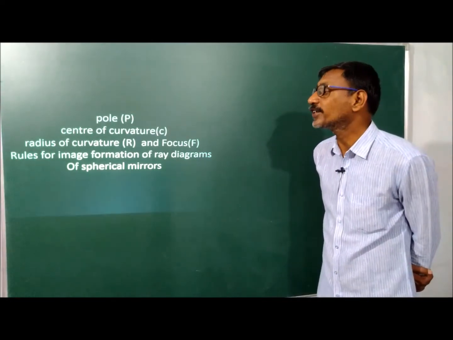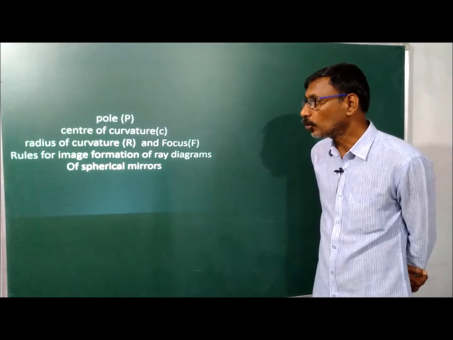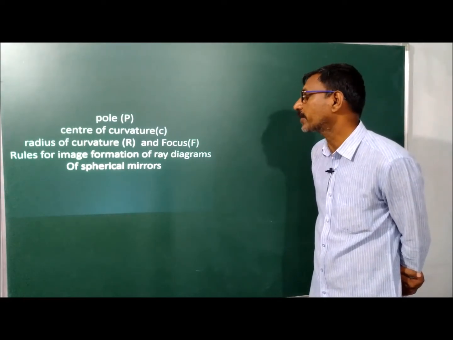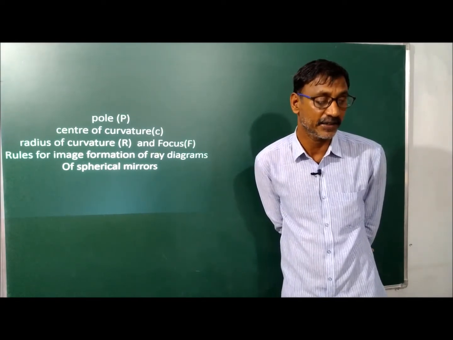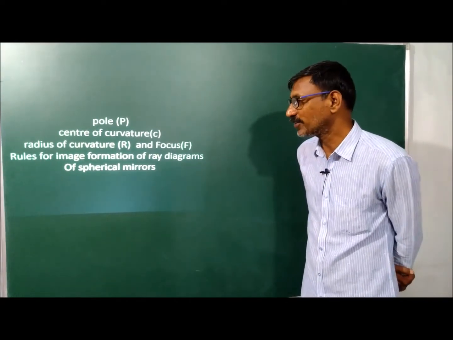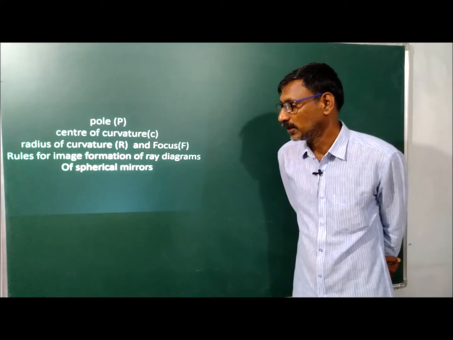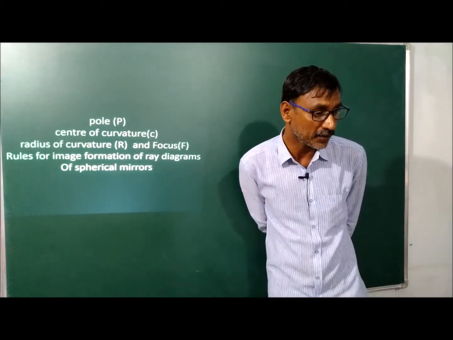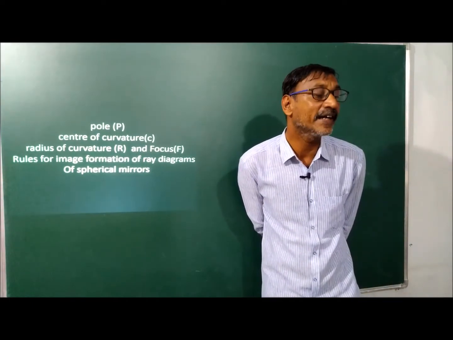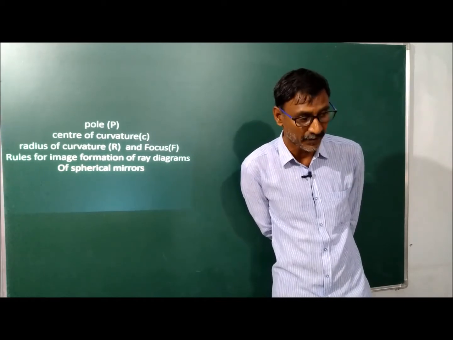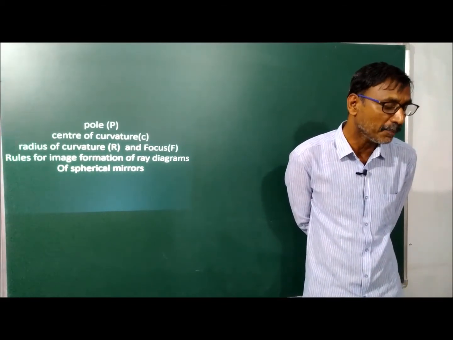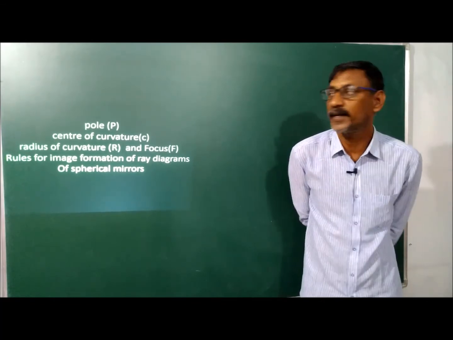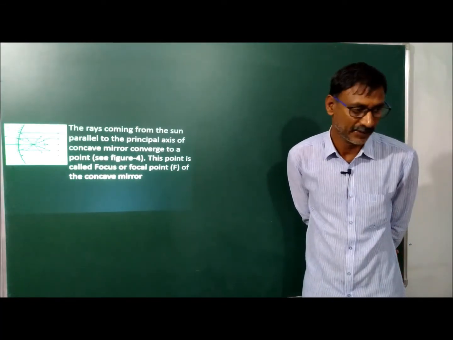We also studied the rules for image formation in ray diagrams. In the last class we already studied this. Once we recall it, we will study image formation in concave and convex mirrors with the help of ray diagrams. That is a very important topic in reflection of light.